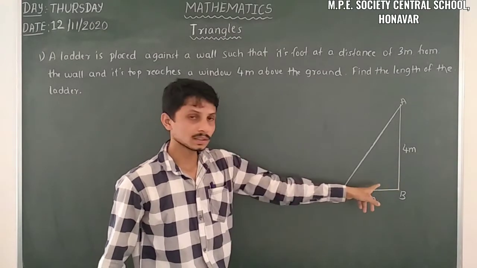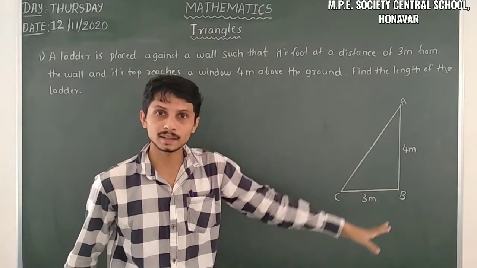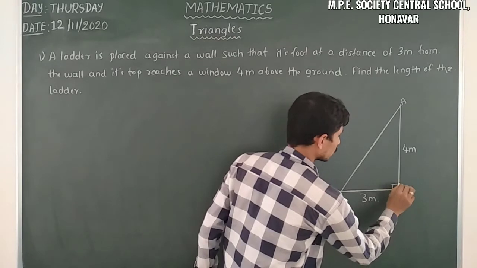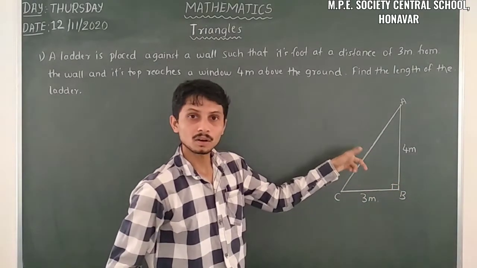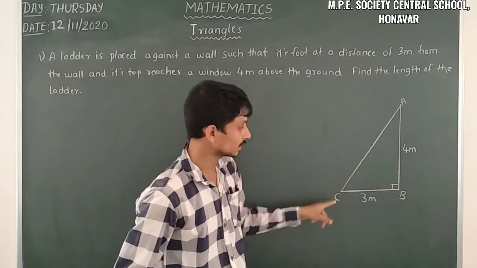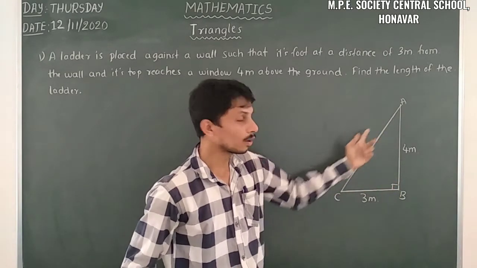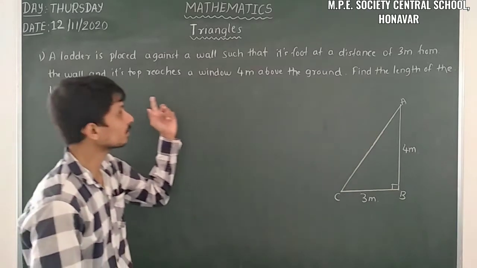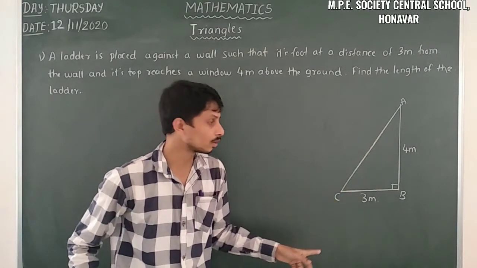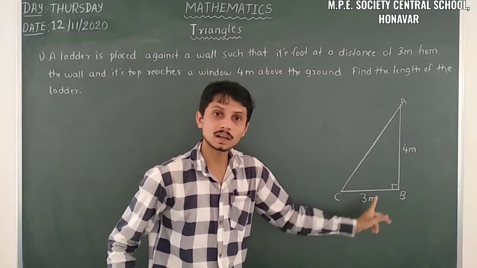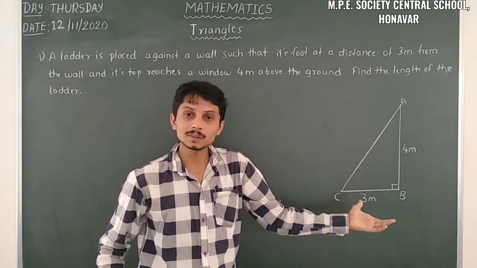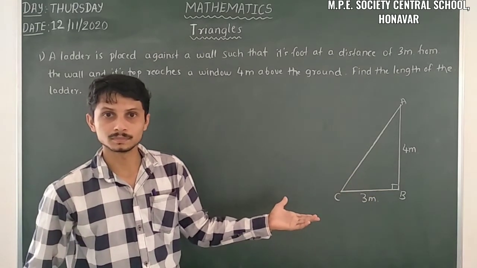Just observe, it's a right angle triangle, right angle at B. Exactly opposite this right angle we have the hypotenuse AC. We have to find the length of the ladder, this AC length, and we have the other two sides. How can we find it? Using the Pythagoras theorem.